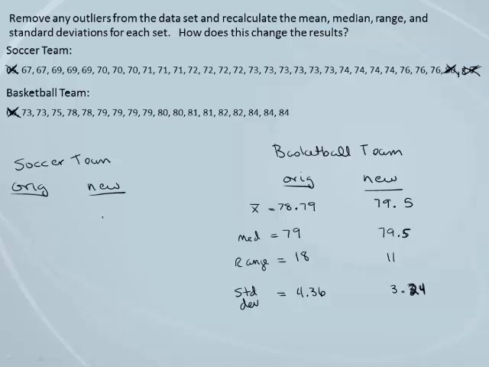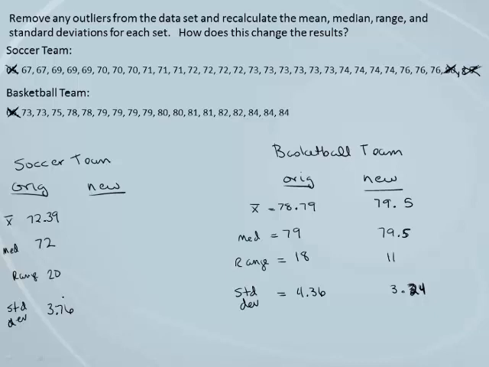On our soccer team, originally we had an average of 72.39 inches with a median of 72 inches. We had a range of 20 inches, and we had a standard deviation of 3.76 inches.